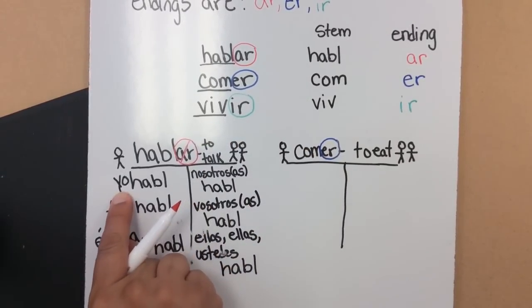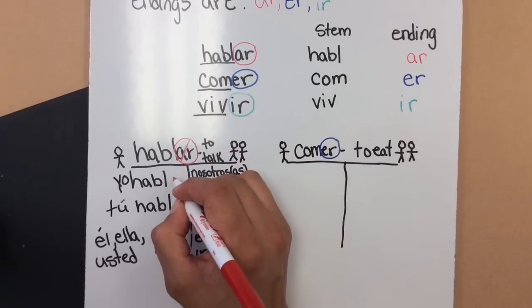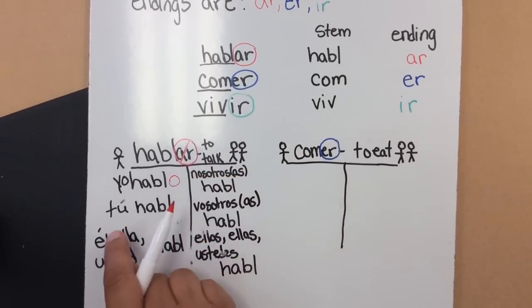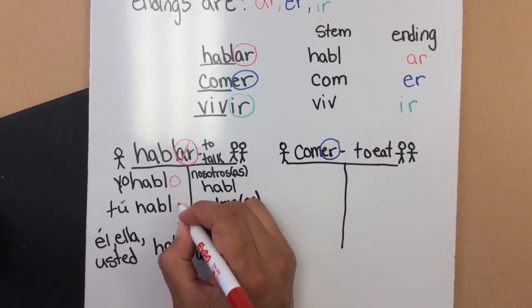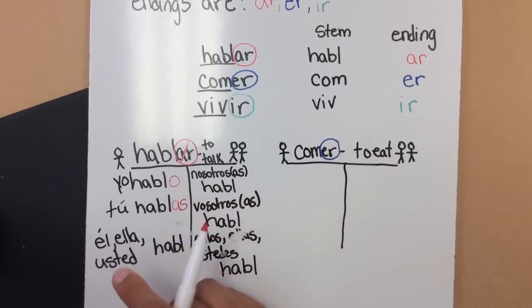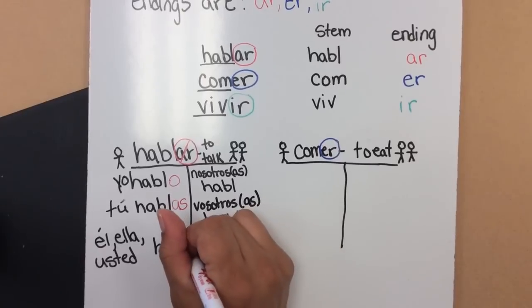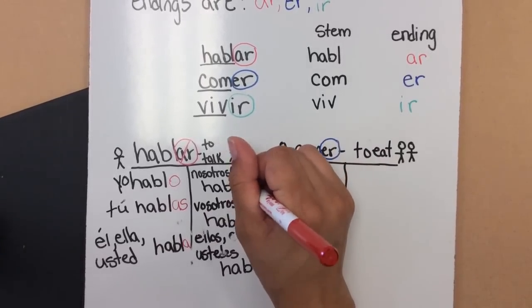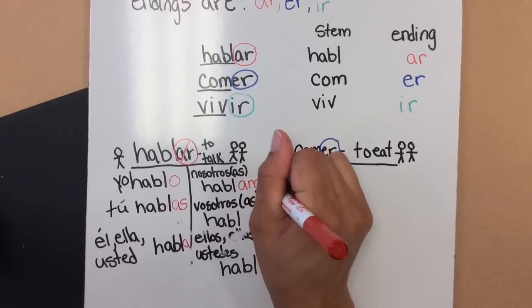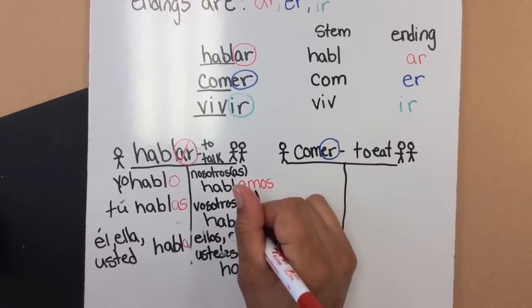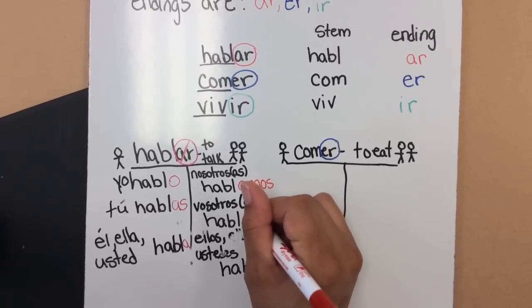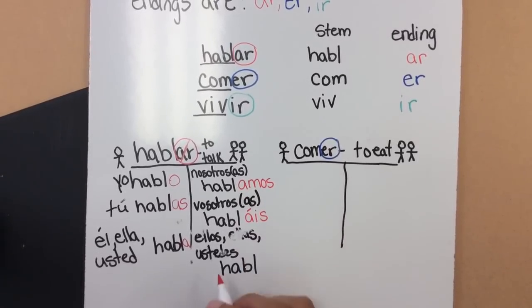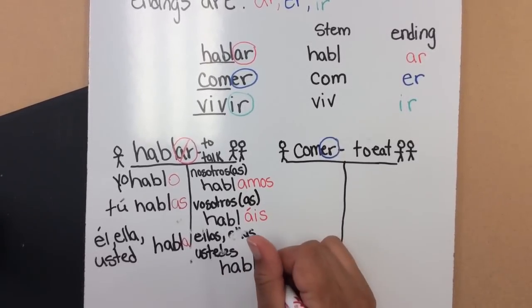The ending for yo, remember, is o. The ending for tú is as. For él, ella, usted is a. For nosotros is amos. Vosotros is áis, and it has an accent on that A. And for ellos, ellas, and ustedes is an.